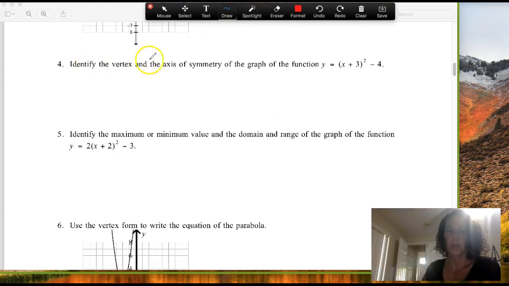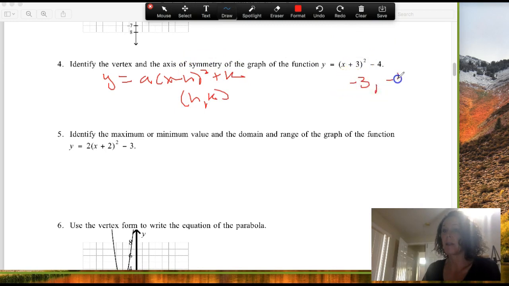All right, next question. Identify the vertex and axis of symmetry of this equation: y equals (x plus 3) squared minus 4. Now I know y equals a times (x minus h) squared plus k is the shift of the parent function. (h, k) is my vertex. So since (h, k) is my vertex, I know my vertex is going to be -3, -4.